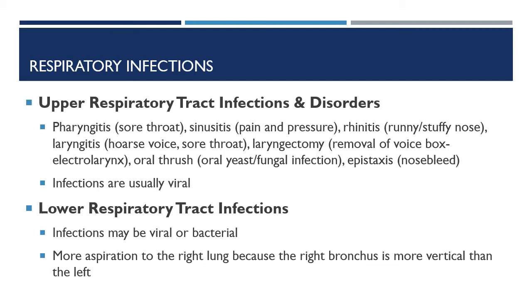In terms of treatments for pneumonia, we do use antibiotics, even though some of them are viral, but we can't distinguish on examination or on chest x-ray which ones are viral and which ones are bacterial. So we treat all pneumonias with antibiotics.